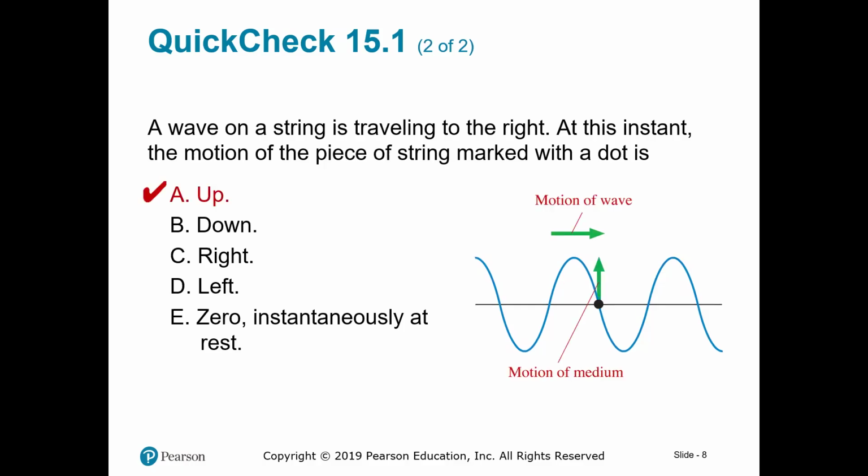So the answer for this question is this point sometime later. When the wave is traveling to the right, this position will go up. In other words, this is when t equals 0. 0.1 seconds later, the wave crest will travel this much, and the actual wave shape is something like this, and this point is just here.